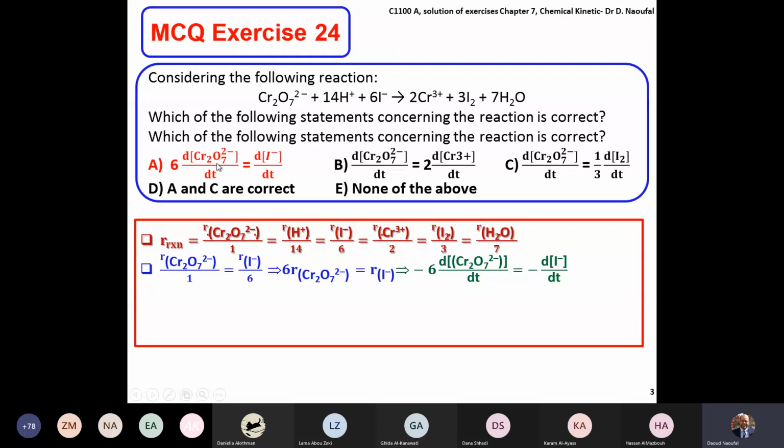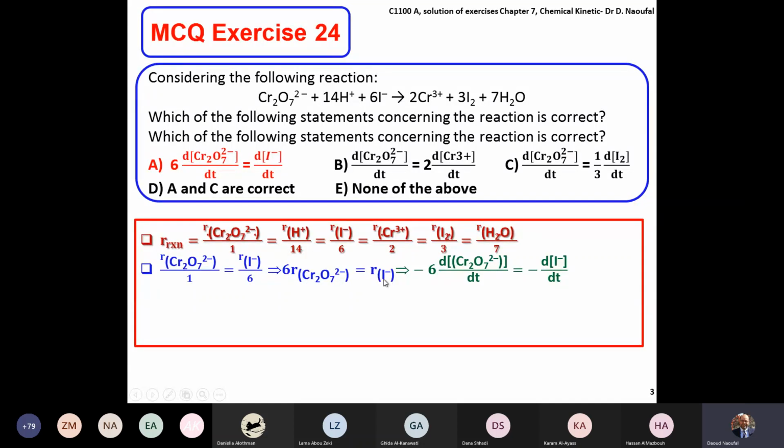see the relation between dichromate and I minus. So the rate of dichromate disappearance over 1 equals the rate of I minus divided by 6. So 6 times the rate of Cr2O7 2 minus equals the rate of I minus.